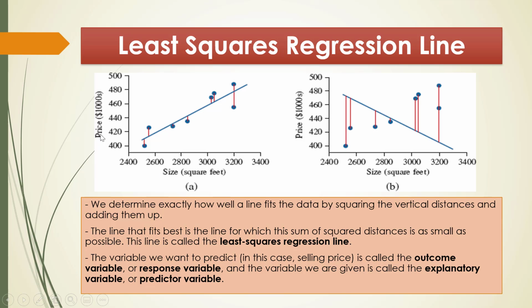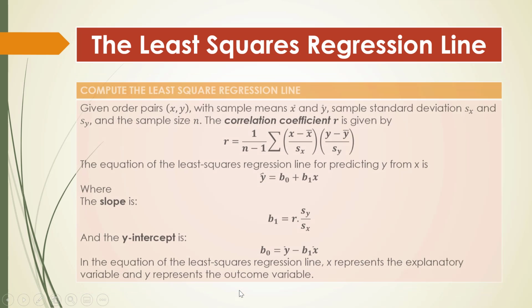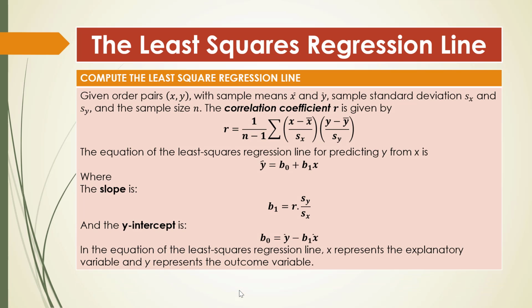So the selling price is the outcome or the response, and the size of the house is the explanatory variable or the predictor variable. Alright, so that is how we define the least squares regression line.